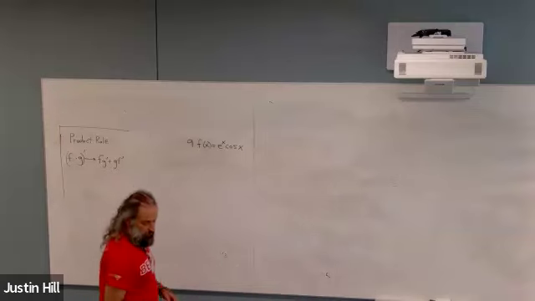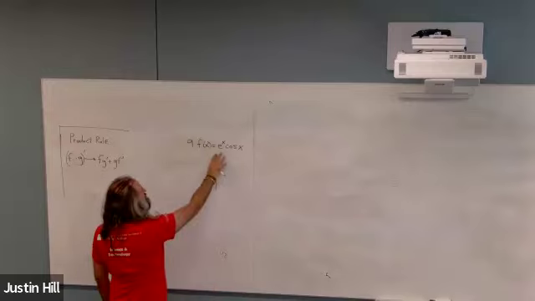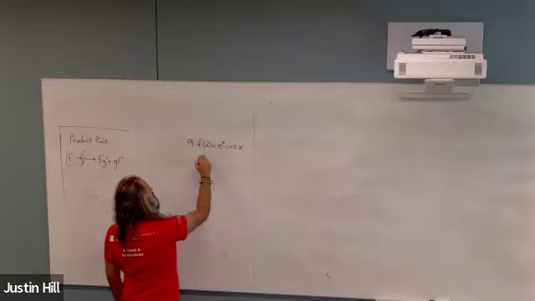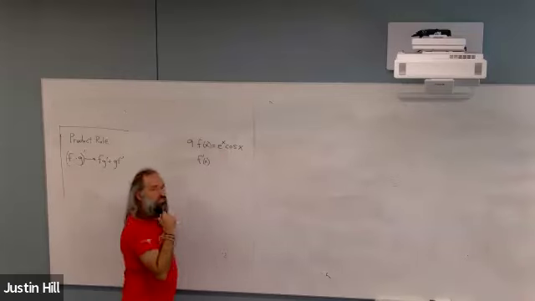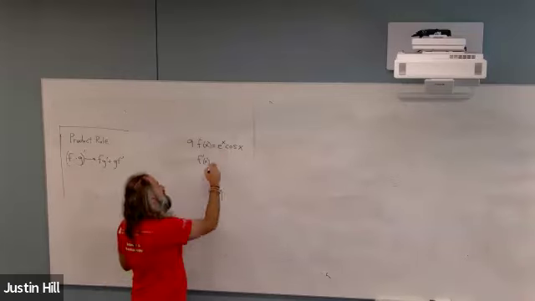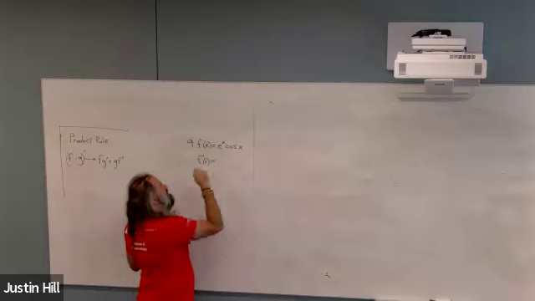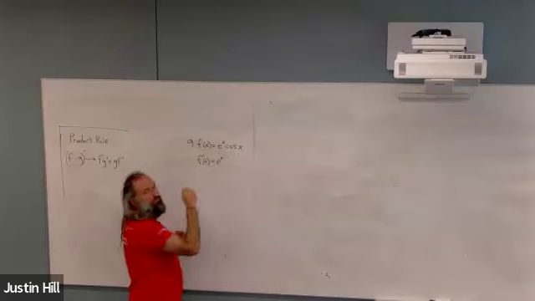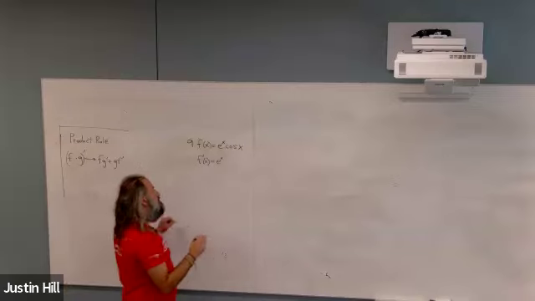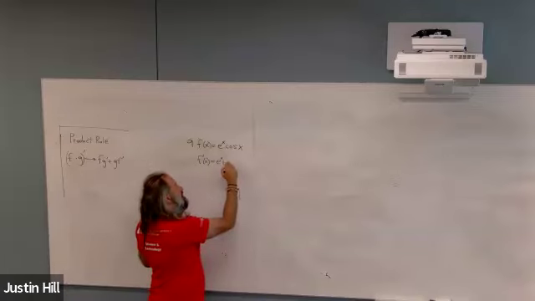So for instance, on number 9 here, I want the derivative of this. My two functions are e to the x and cosine x. The first part of this is I'm going to take e to the x and multiply it by the derivative of cosine x. And what is the derivative of cosine x? That's going to be negative sine x.